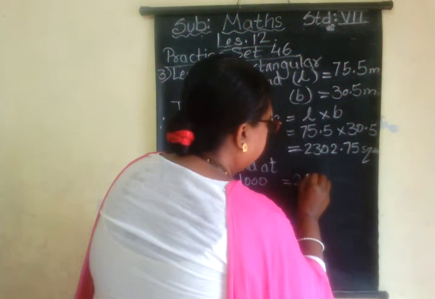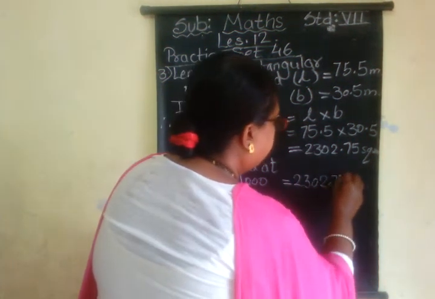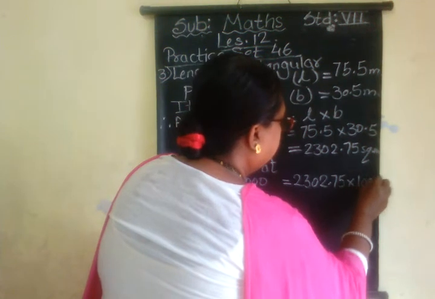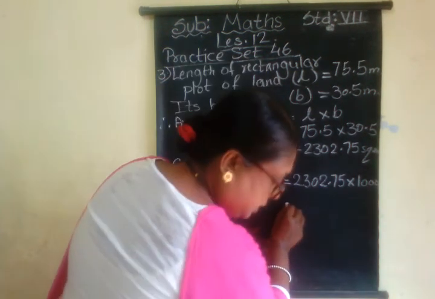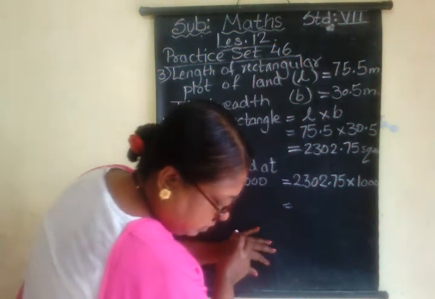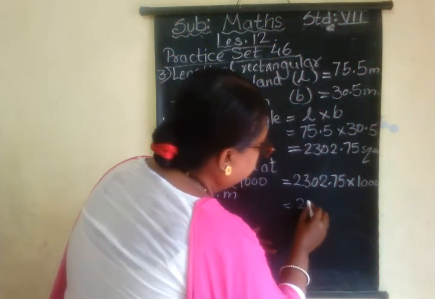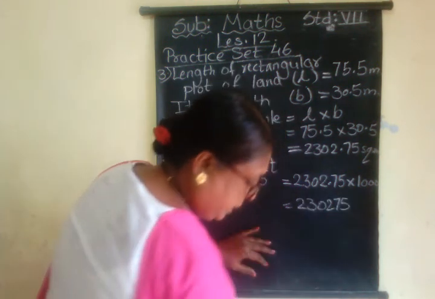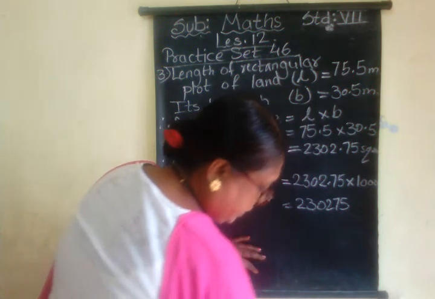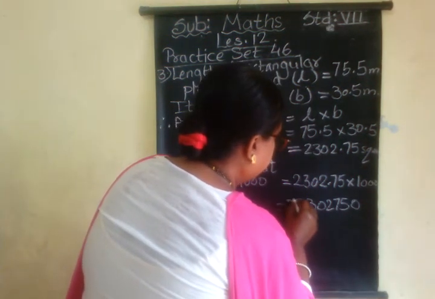That is 2302.75 multiplied by 1000. So this will give me answer as 230275 rupees.